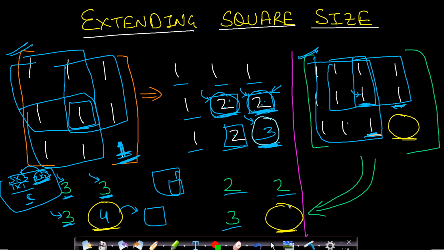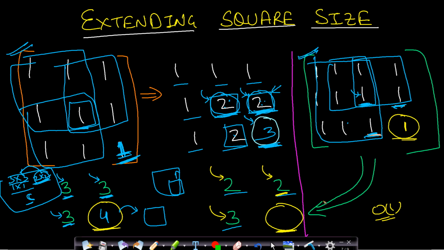Okay. So what will be the extended value for this point? If we fill here 1, then what will be the new value? How do we find it in just one time? You can see that there are 2 square submatrices ending at this point, 2 square submatrices ending at this point, and 3 square submatrices ending at this point.